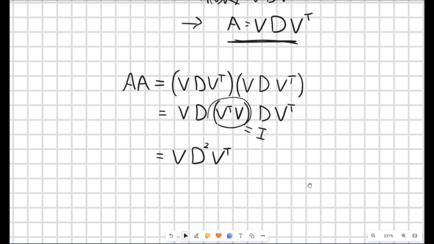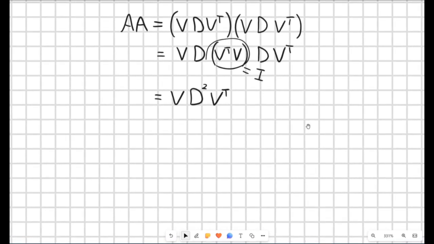If we keep doing that lots and lots of times, like I say, the power method involves pre-multiplying lots of times, say k times, by the matrix A. So if we extend this so it's A to the power of k rather than just the power of 2, then hopefully you can see you would end up with this matrix V times diagonal matrix to the power of k times this matrix V transposed.